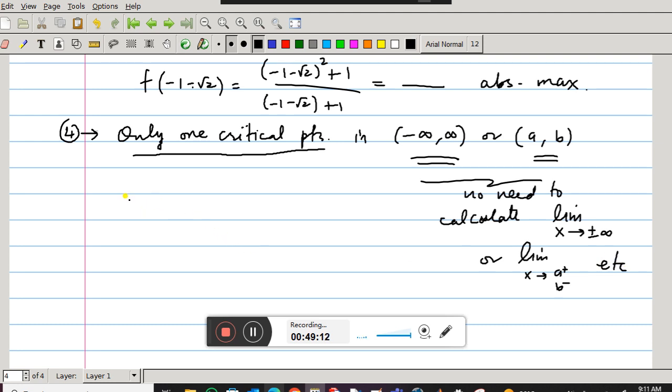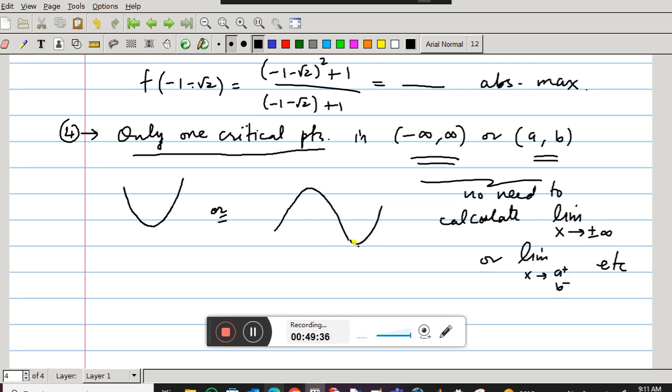Because if you have only one critical point, then my function will go down and go back up, right? Or it will go up and come back down, right? Because there is no other critical point, it will not turn back up.